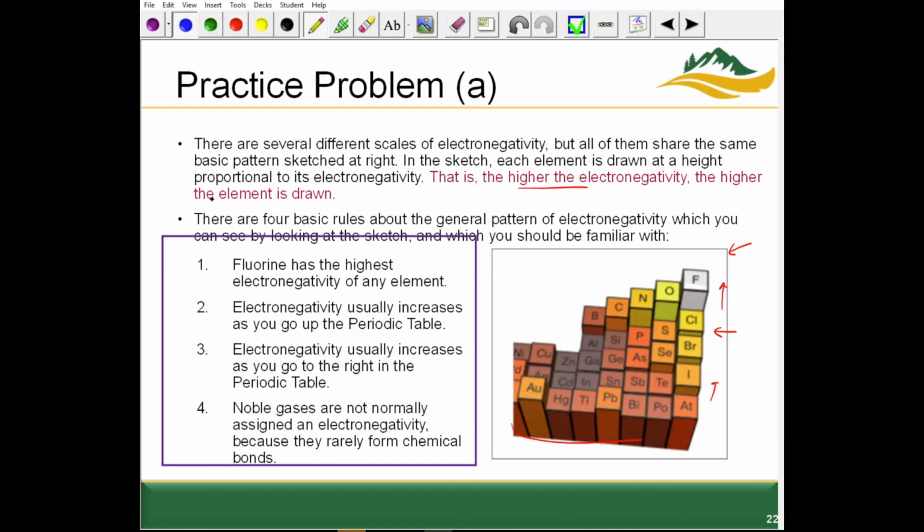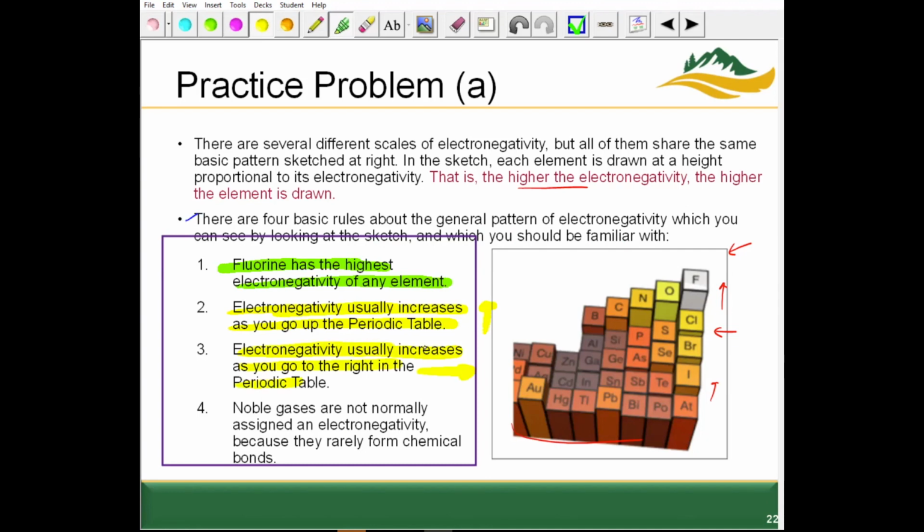So there are four basic rules to be familiar with about electronegativities. The first is that fluorine has the highest electronegativity of any element on the periodic table. Next, electronegativity usually increases as we go up a group.